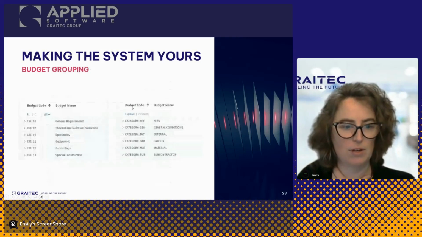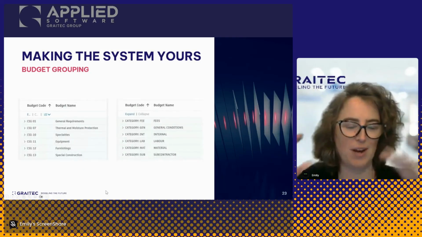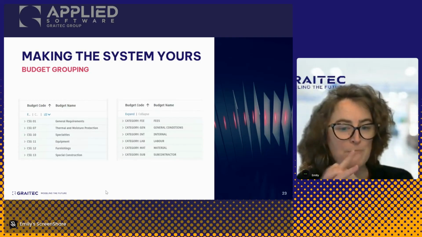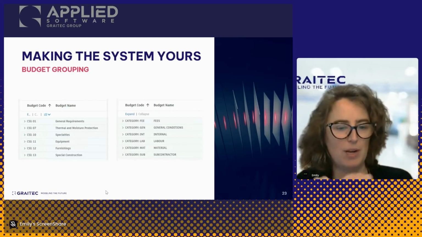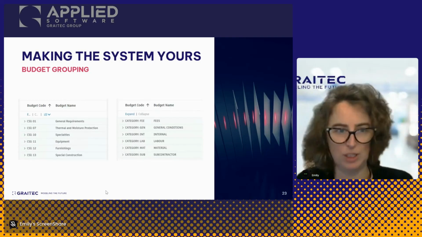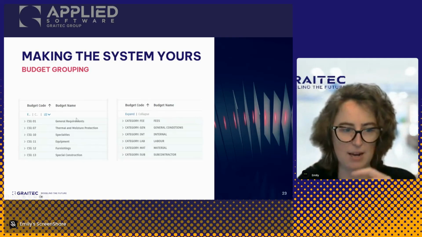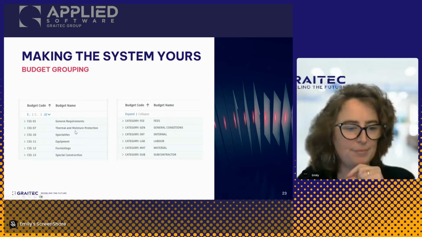Both ways, though, are really here, and I bring this back to enhanced efficiency. We want to be efficient in this system, and if I have a massive budget, which sometimes is unavoidable, how can I roll this up into smaller segments and see only what I want to see?